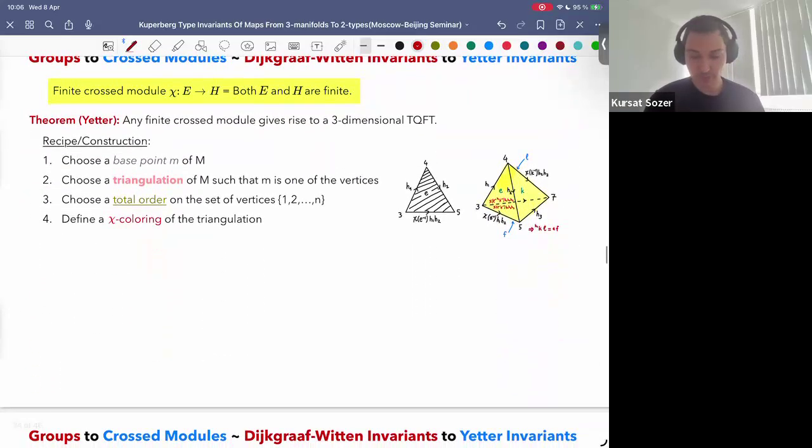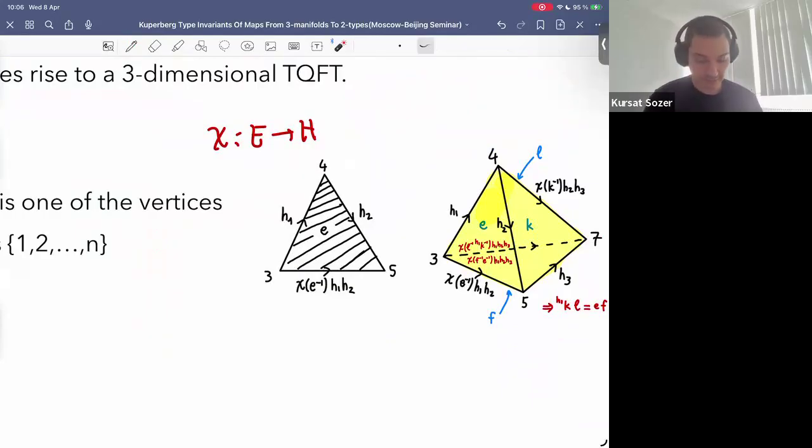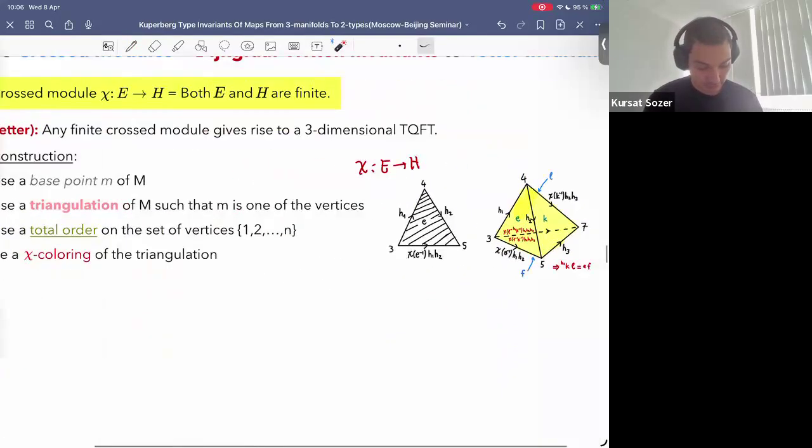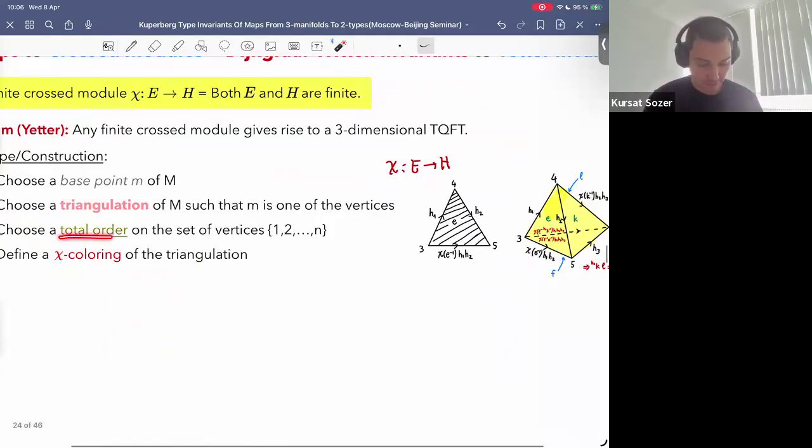And how is the construction? The construction is very similar. We pick a base point and we choose a triangulation. We choose a total order on the set of vertices, and we put these labels. Remember, chi is from E to H. Now we define the chi coloring of the triangulation.